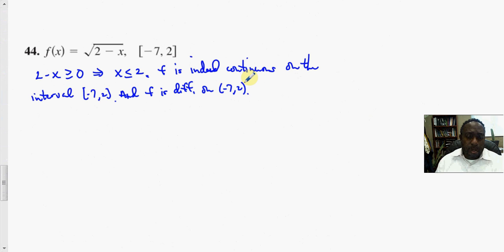So here, the theorem guarantees that the tangent slope is equal to the secant slope.